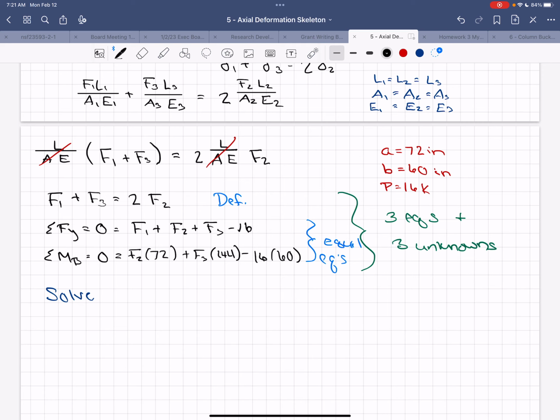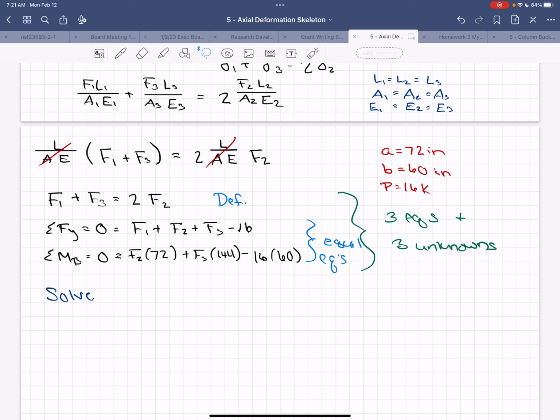So we're going to start with the sum of the forces in the y equation. But we're going to substitute in what F1 equals.